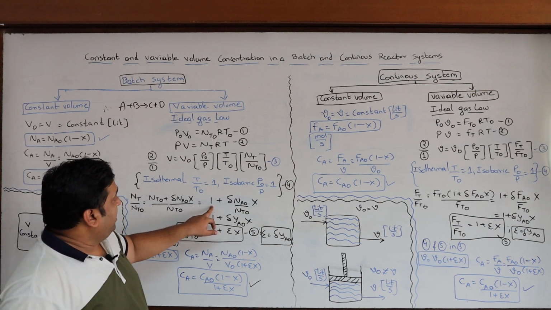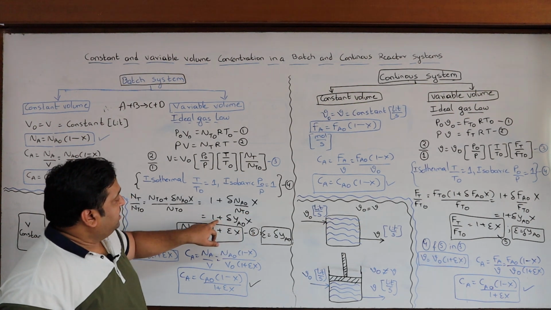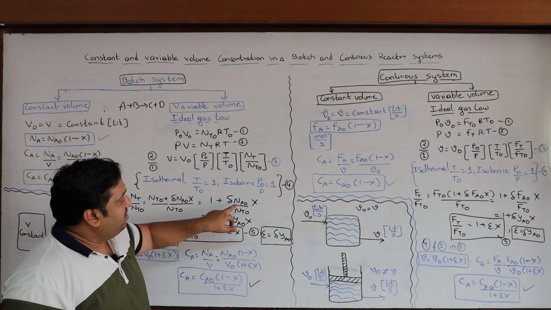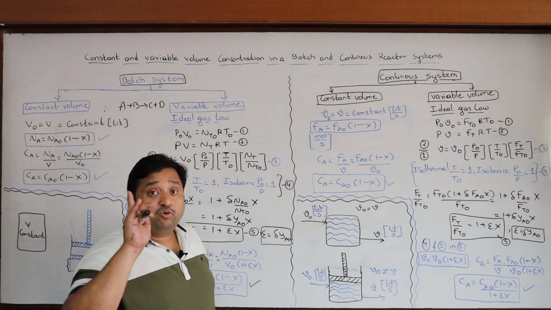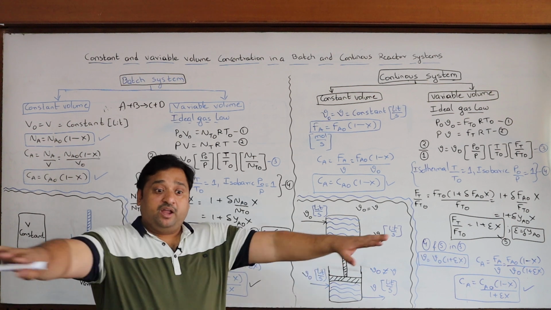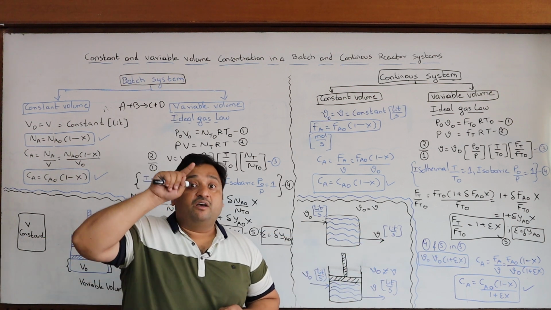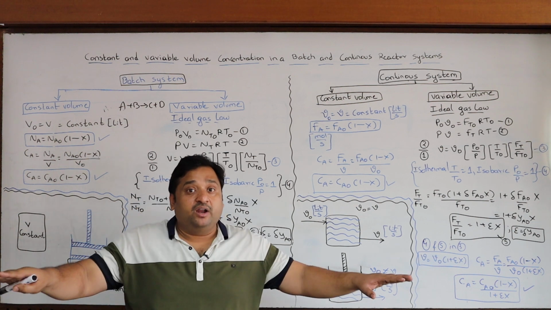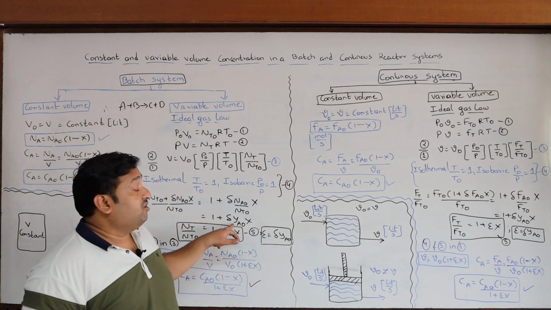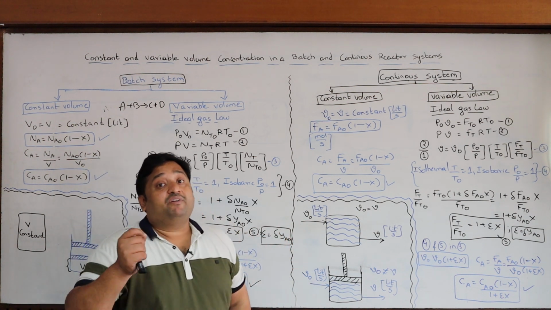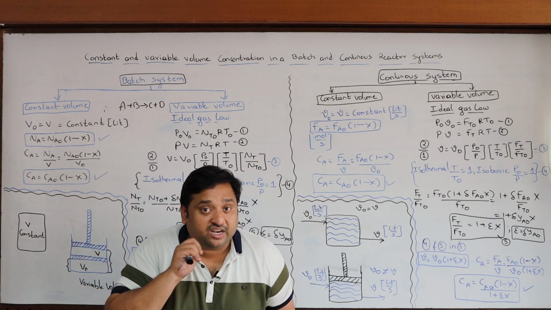If you simplify, 1 plus delta Na0 by NT0 into x, that is nothing but 1 plus delta times the amount of A divided by the amount of A, B, C, D, which is the fraction of A. Ya0 is the mole fraction of A in the total mixture before the reaction initiated.